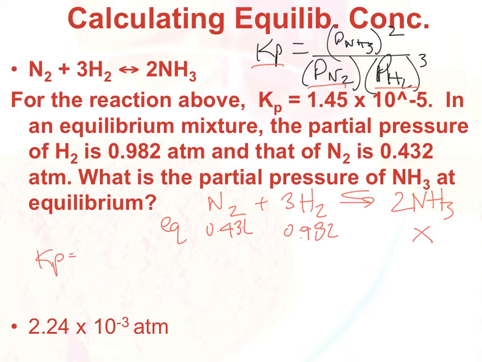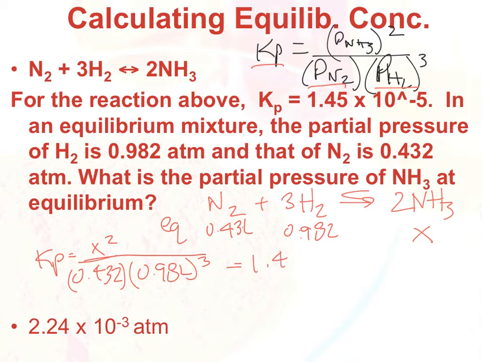So Kp is going to equal x squared over 0.432 times 0.982 cubed. We also know our Kp value, so that's all going to be equal to the following.